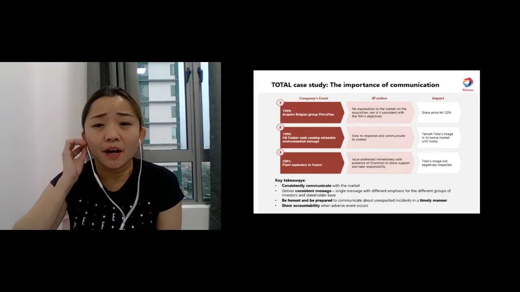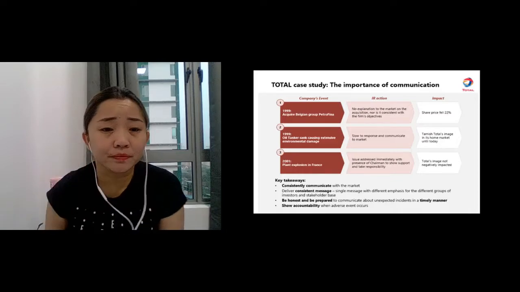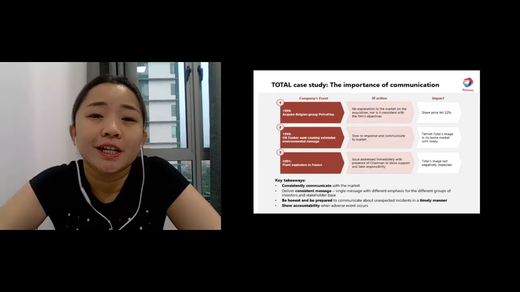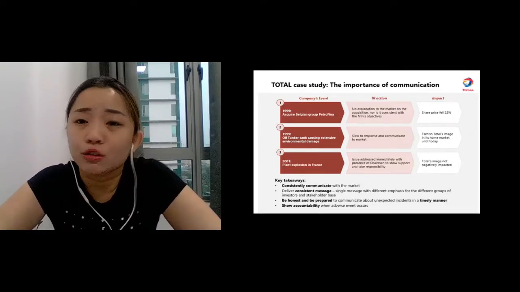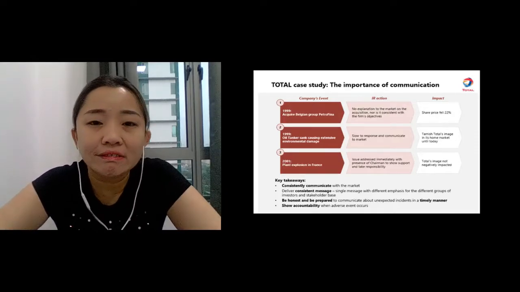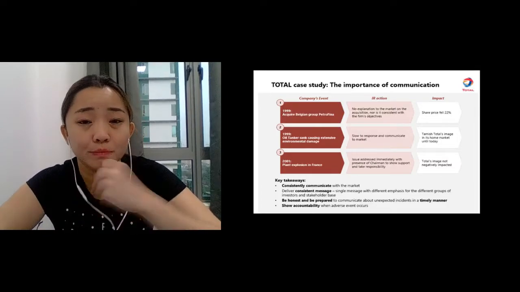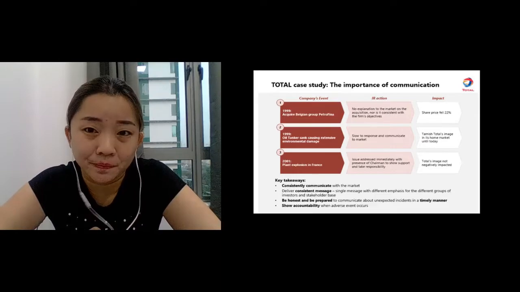Now, this is just one example, a case study for me to conclude this. There is this company called Total. Total has existed for a really long time. In 1999, they acquired, which means to buy, a Belgian group called Petrofina.